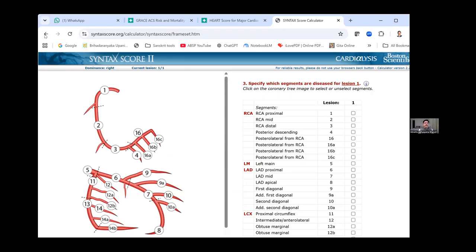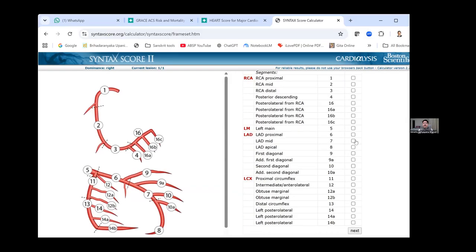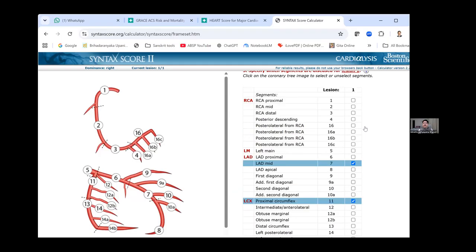The first question will be, you have to select the dominance. Usually 90% are right dominant, only 10% are left dominant. I select the right dominant, then it will ask you to tick the lesions in each of the categories. See? Okay, let us say proximal circumflex, I have ticked. And I have also ticked left mid LAD, and these 2 vessels are affected.